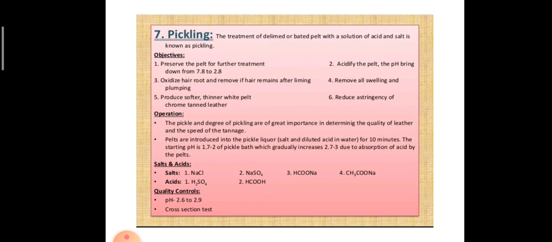The starting pH is around 1.7 to 2 in the pickle bath, which gradually increases from 2.7 to 3 due to absorption of acid by the pelts. So we use salts and acid, and quality control pH is 2.6 to 2.9.